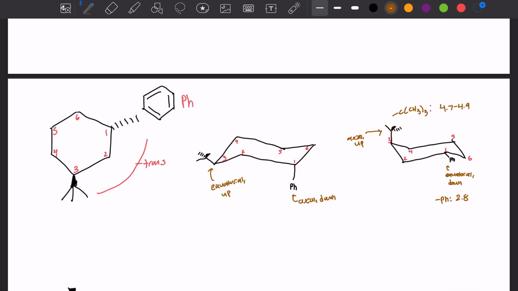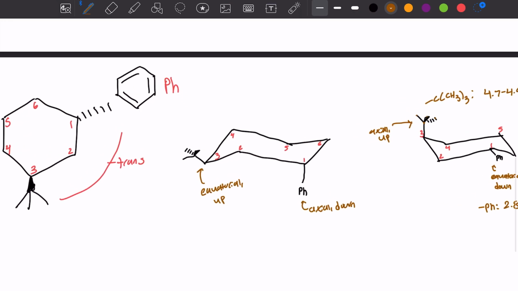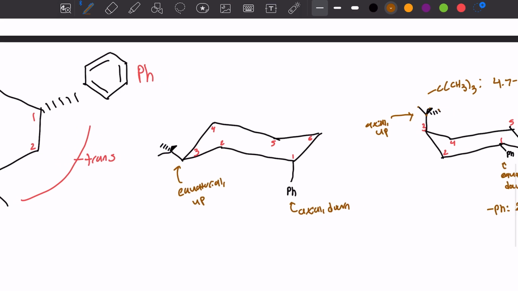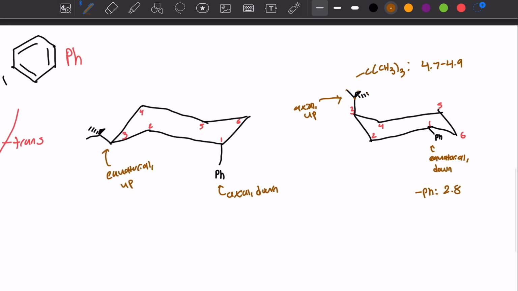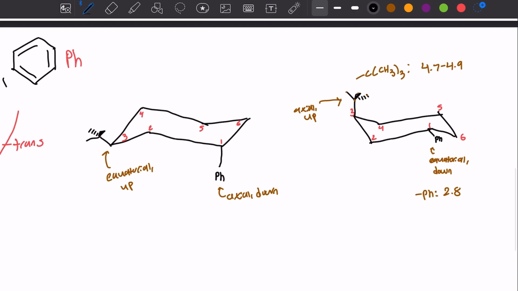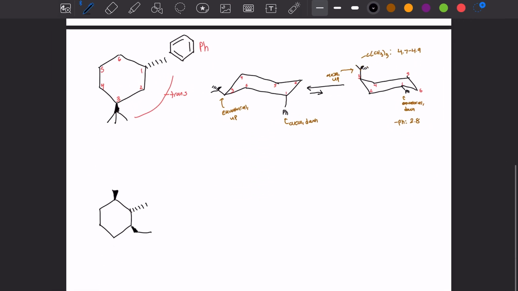So you want the group with the larger A value to be equatorial rather than the group with the smaller A value when you have a choice. You can see that our bigger group is equatorial here, and our phenyl group is axial down here. But on the right, your big group is axial up, and your smaller group is equatorial down. Because the group with the bigger A value should be equatorial, our equilibrium will look something like this, where it's favored towards the left, okay?